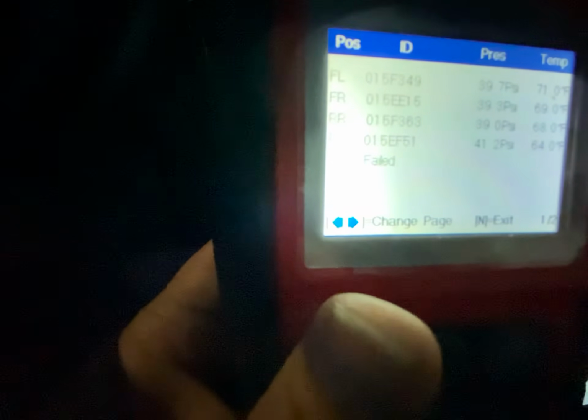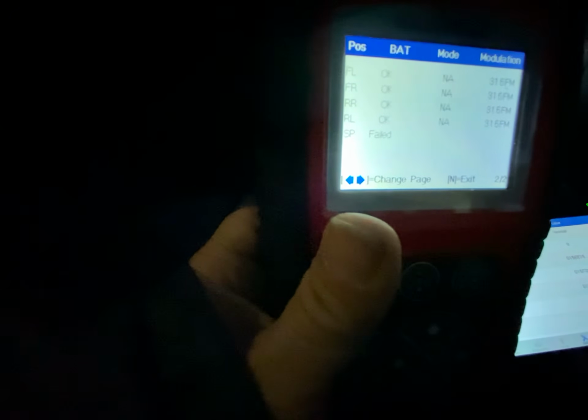And 15 is registration ID number 1. And 63 is right rear, which is ID number 2. And 51 is right rear, which is this one, ID number 4.